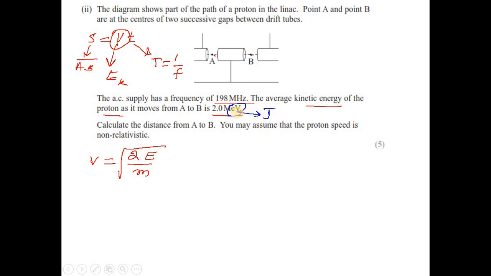The mass m is the mass of the proton given in your data sheet, 1.67 × 10^-27 kg. You can use these numbers and figure out v. So v would be equal to 1.96 × 10^7 meter per second. This is the speed between A and B.